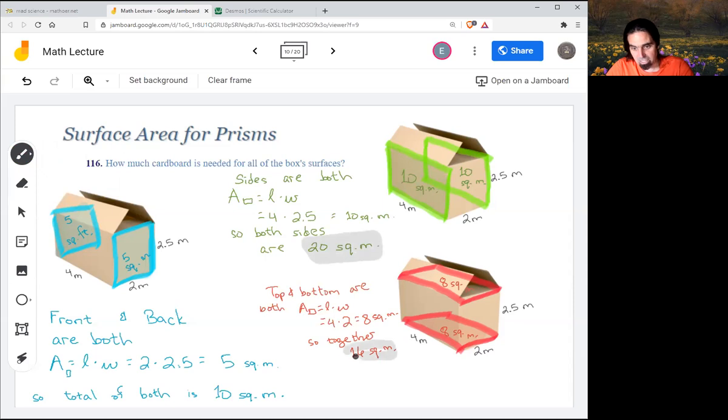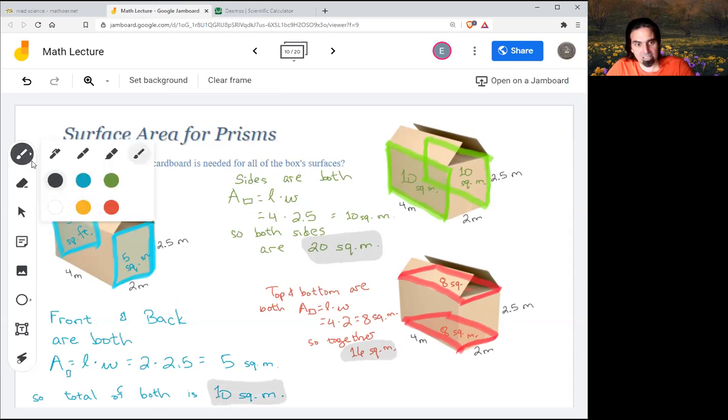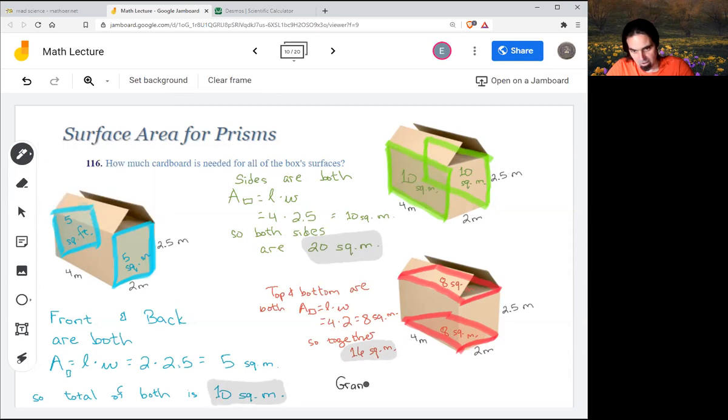I have a 16. And I have a 10. So my grand total is going to be 10 plus 20 is 30, 46, right?